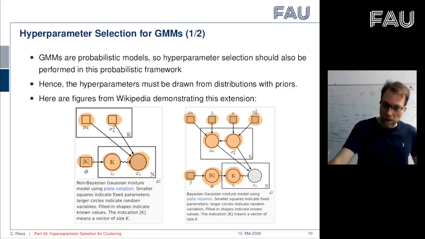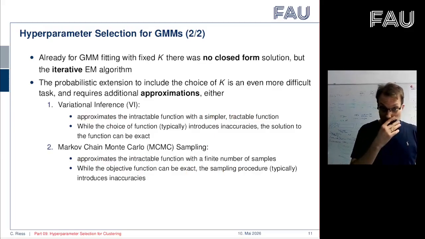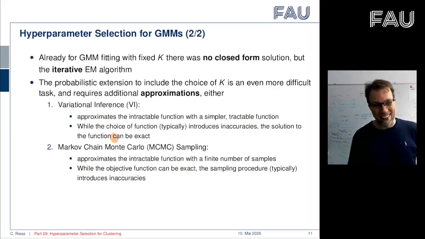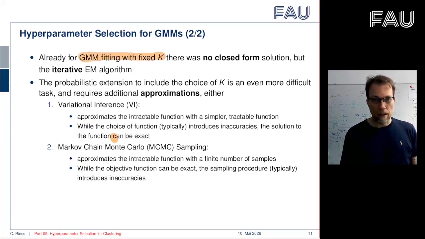This is really cool, but as you might recall, already for the fitting of Gaussian mixture models with fixed Ks, we didn't have a closed form solution, but instead went for an iterative expectation maximization algorithm.